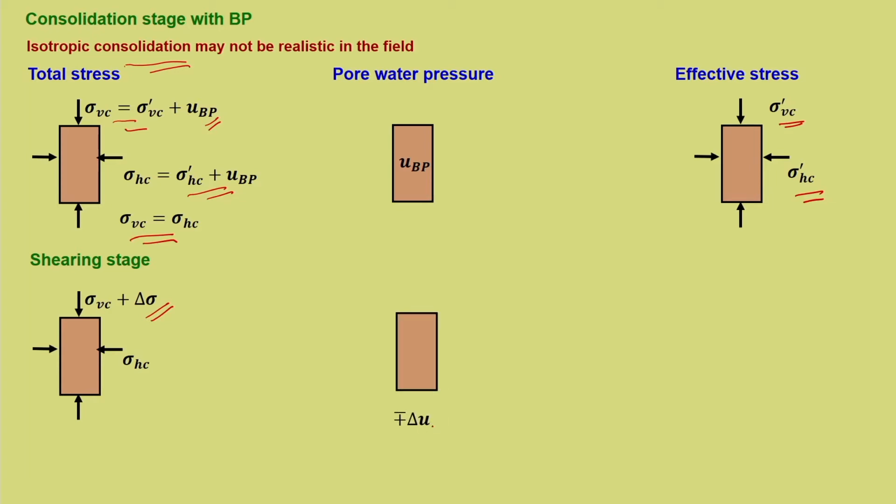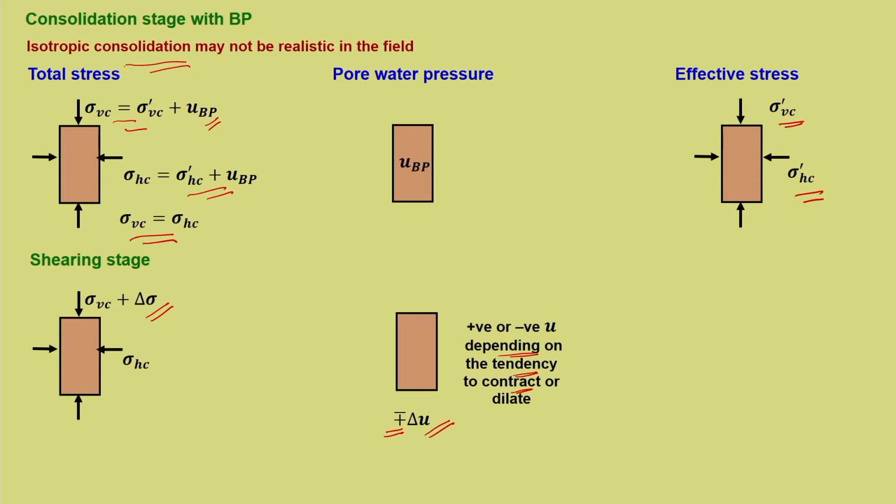Now, this results in an increase or decrease, both positive and negative, of pore water pressure during shearing stage. Now, why this positive or negative pore water pressure? We can see that it depends on the tendency of the sample to contract or dilate.